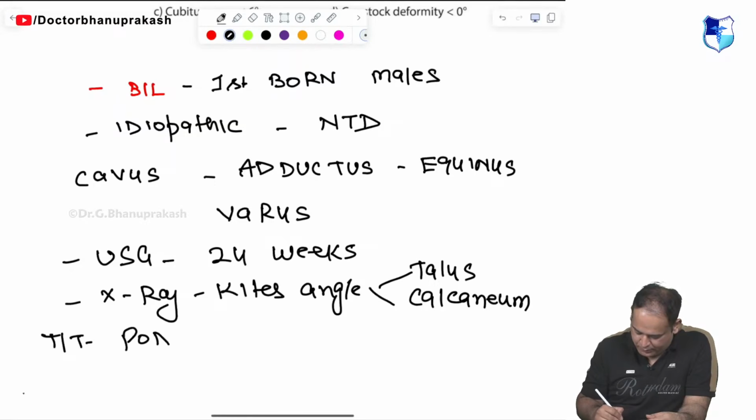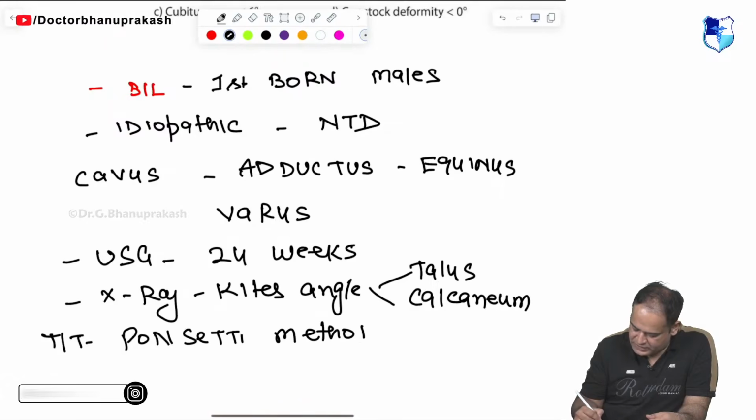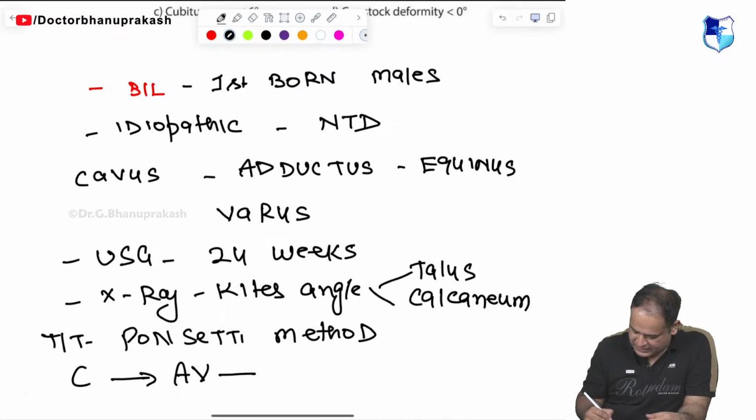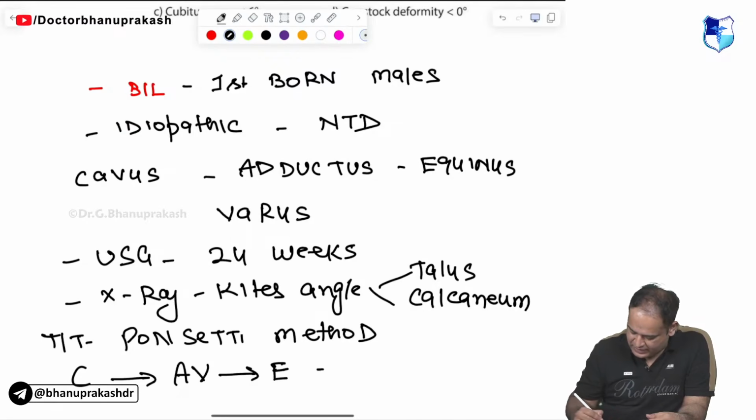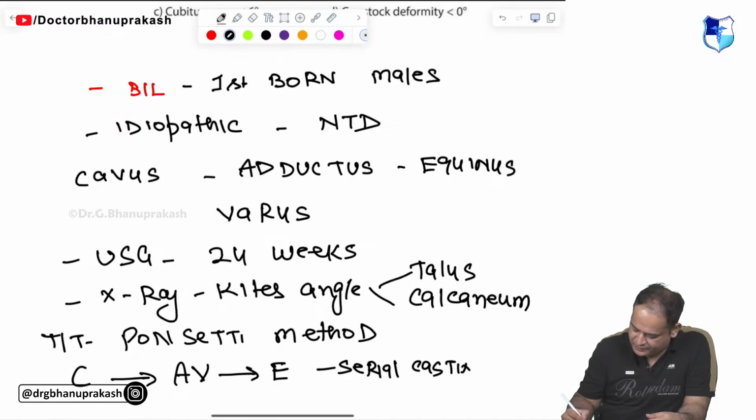Treatment, Ponseti method: first correct cavus, then correct adductus and varus together, and last correct equinus by serial casting.